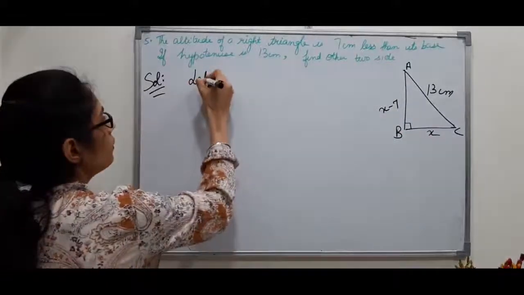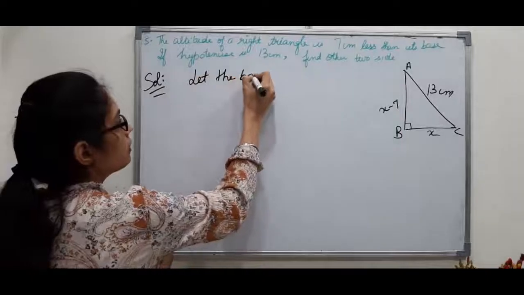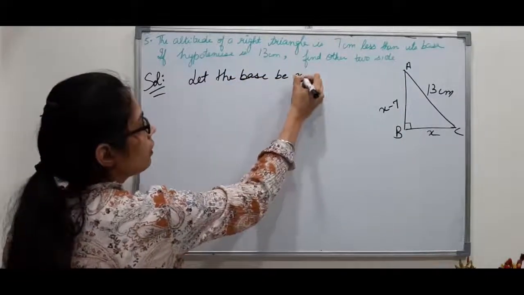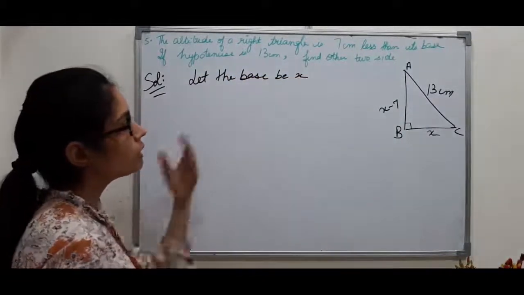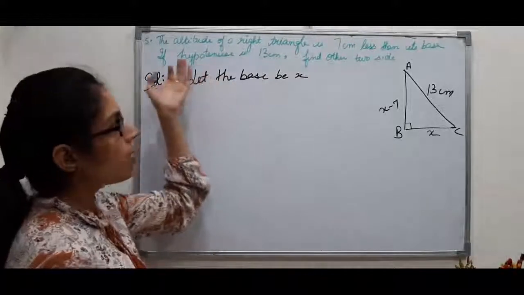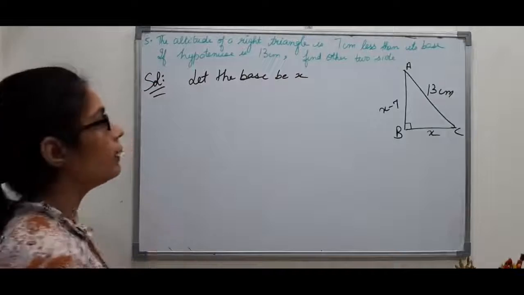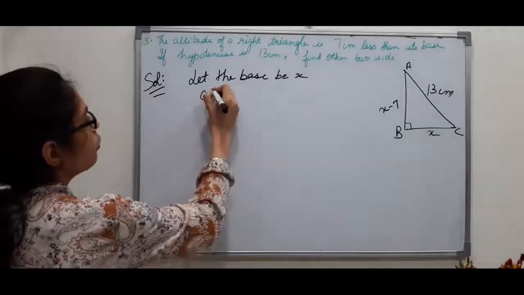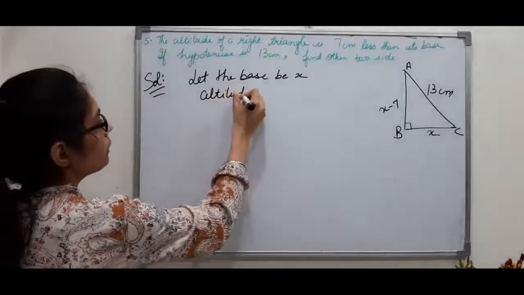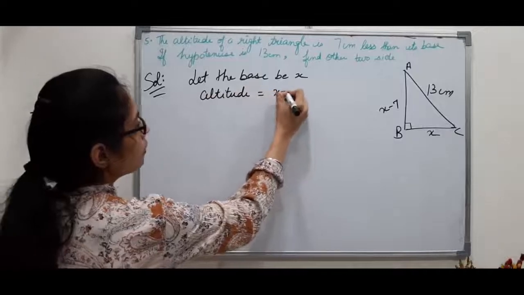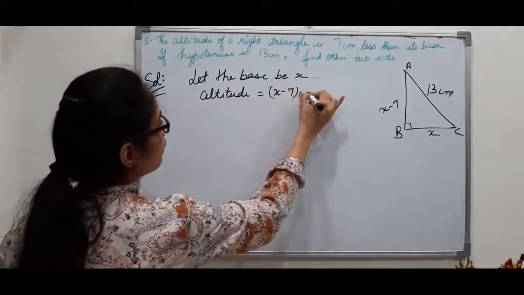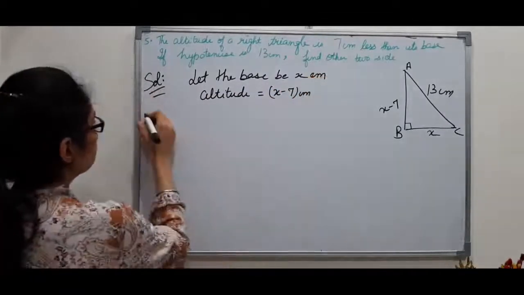So let the base be x. We have assumed the base because height has been given in terms of base. That's why we have assumed base. And height or altitude, as per the given condition, is x minus 7 centimeter. This is also in centimeter.